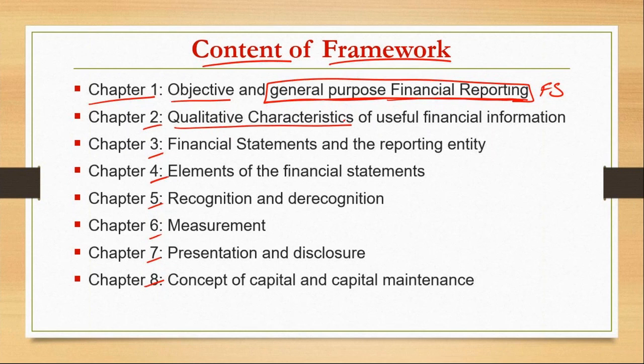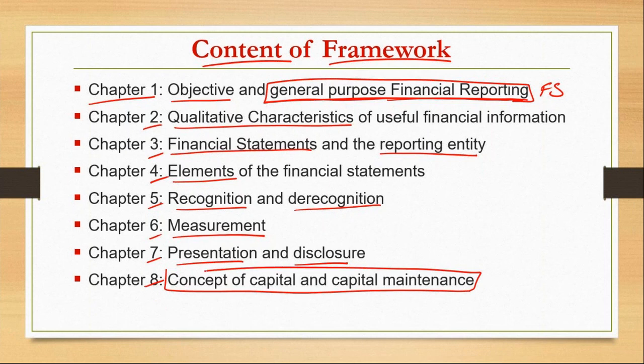What are the qualitative characteristics of the financial statements? What exactly are we going to show in the financial statements, and what is the reporting entity? What are the elements? When do we recognize and derecognize the asset and the liability? How do we measure that? How to present and disclose? And the last thing is the concept of capital and capital maintenance. So these are the 8 areas that we need to discuss.